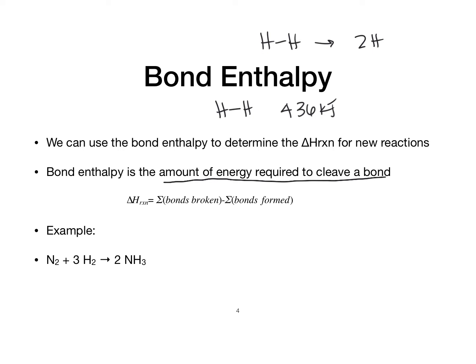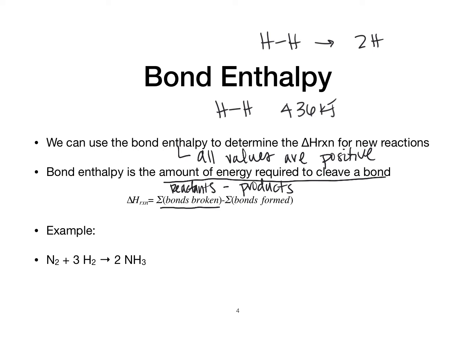For bond enthalpy, there are 2 ways that you can think about this calculation. It is the sum of the bonds broken, so this is our reactants, minus the bonds formed, or the products. All bond enthalpy values are positive, so this minus the bonds formed allows you to make the formation negative.